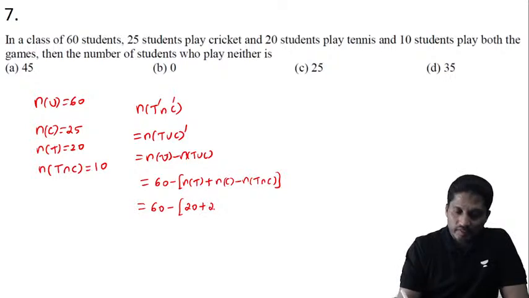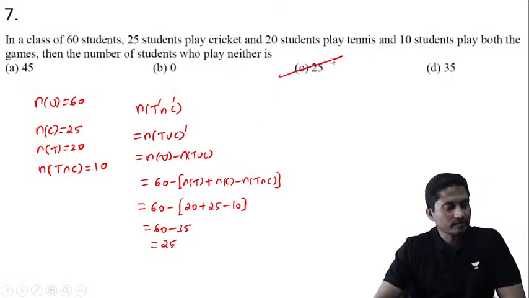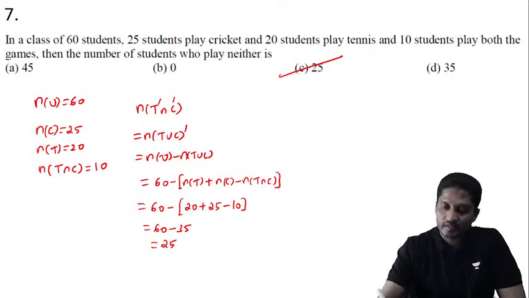N of C is equal to 25. Intersection is equal to 10. 60 minus, this is 15, right? That is 35, which is equal to 25. Answer is option C. Alright, see, actually you can do it the other way as well.